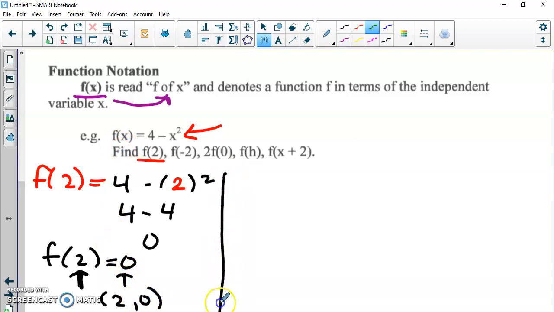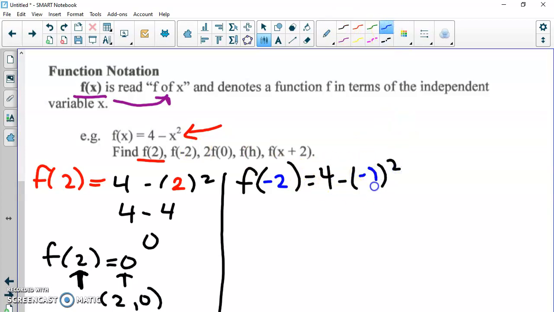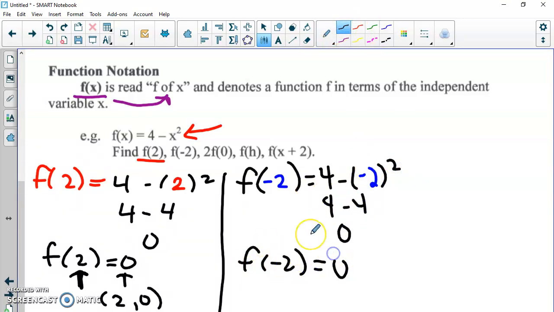So go ahead and take a minute and find f of -2, the second one. Hit pause and find f of -2. All right, if you did 4 minus (-2) squared, you would get 4 minus 4, which is also 0. So f of -2 is also 0.